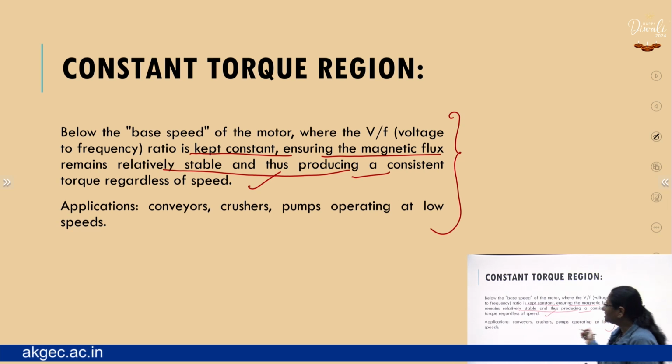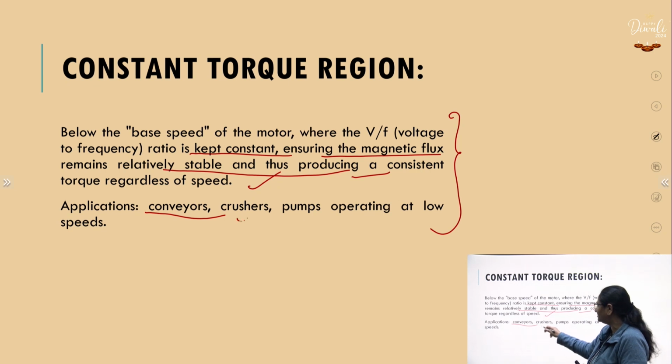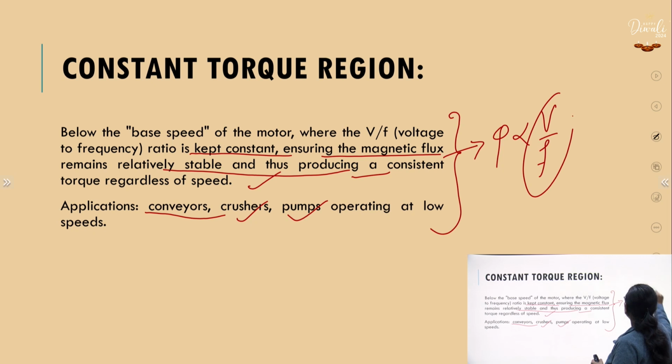The various applications where constant torque operation is required are conveyors, crushers, pumps, all operating at low speed. You might remember in this context that phi is proportional to V by F. So maintaining V by F constant will maintain flux phi substantially constant.